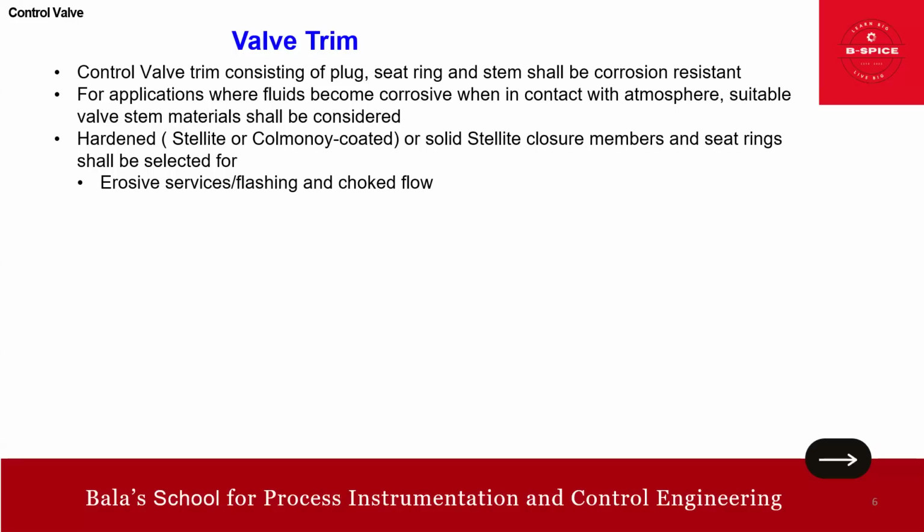It occurs when the velocity of the gas or vapor reaches sonic, that is Mach number 1 at the vena contracta. Again, I repeat, choked flow takes place in a valve when an increase in the pressure drop across the valve no longer has any effect on the flow rate through the valve. So that is the definition of choked flow.